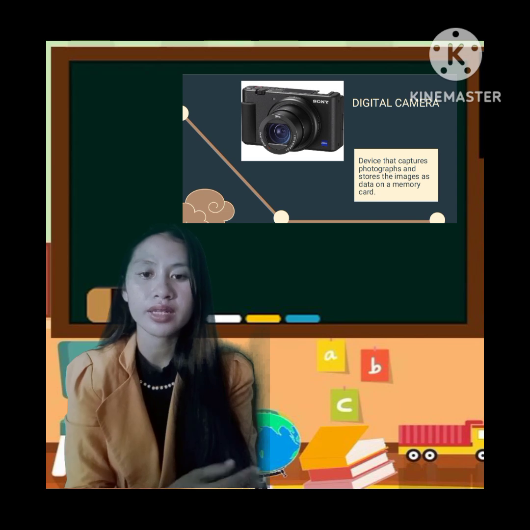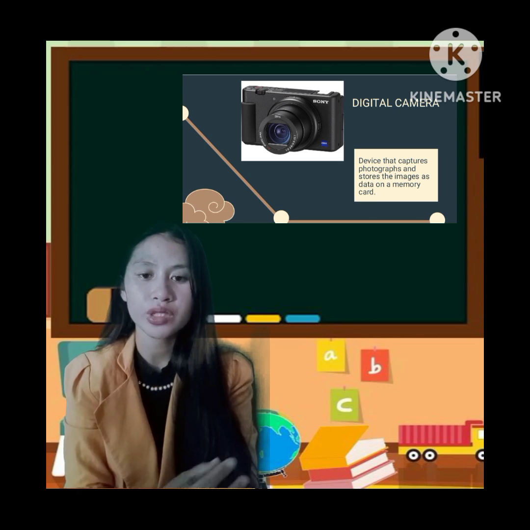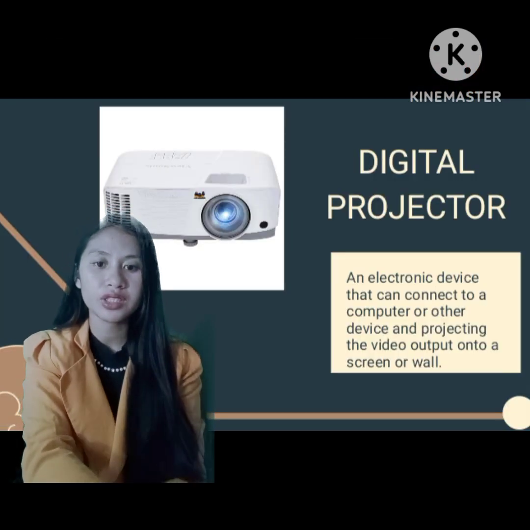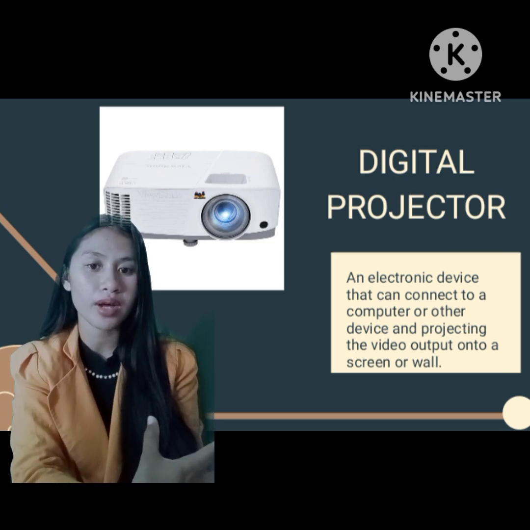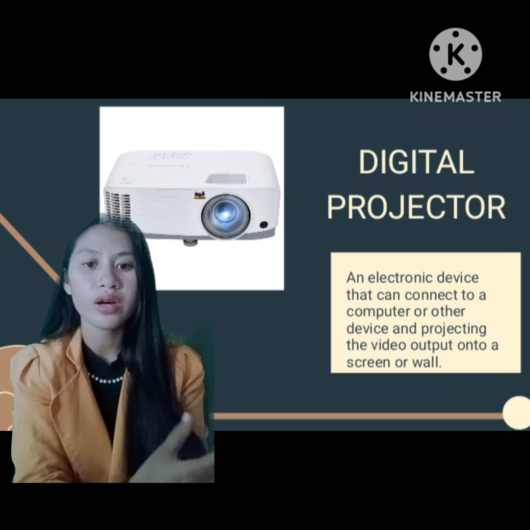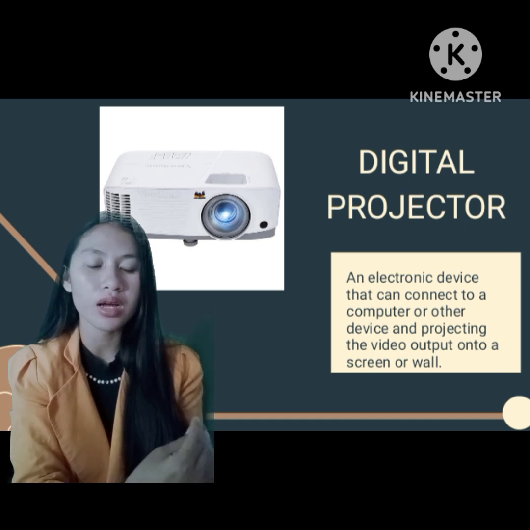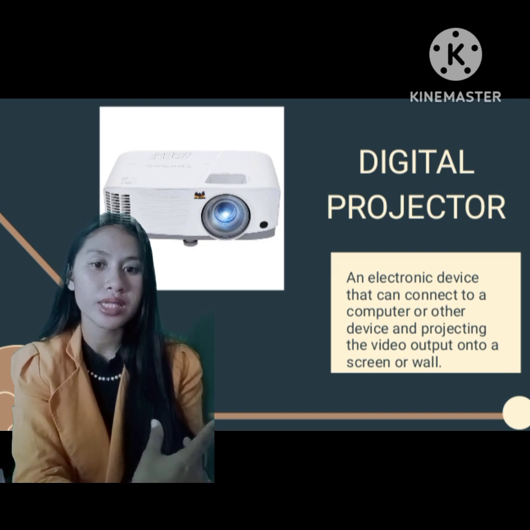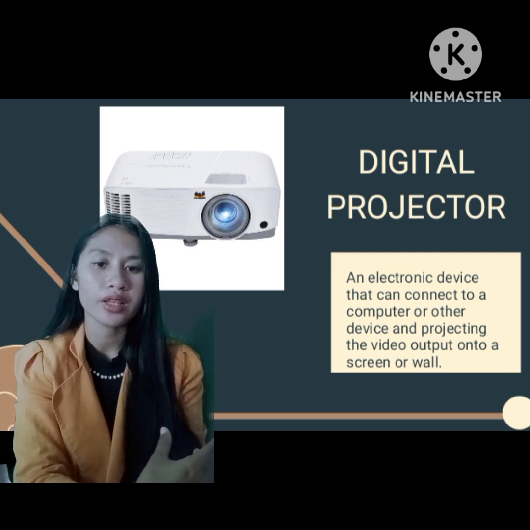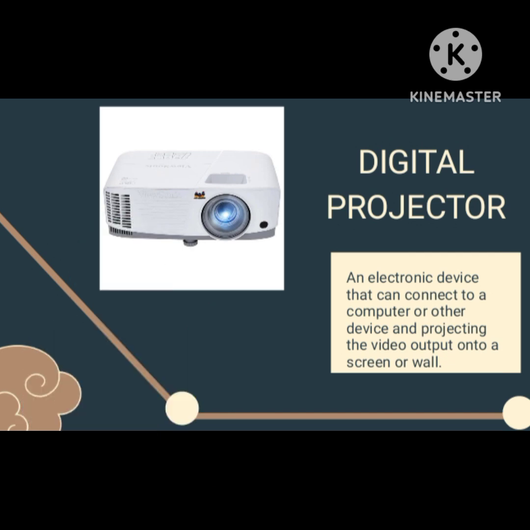Document cameras are devices used for projecting important documents onto a larger screen. Lastly, we have the digital projector. Digital projector is also very common and familiar to us, because we often use this in our presentations and in our demos. We use this to project the presentation that we have.